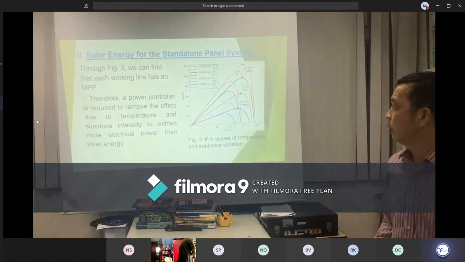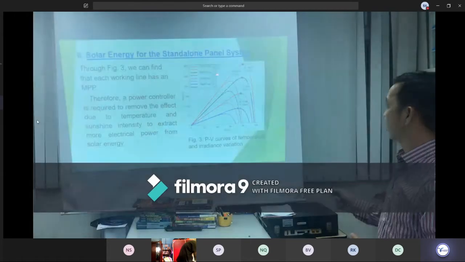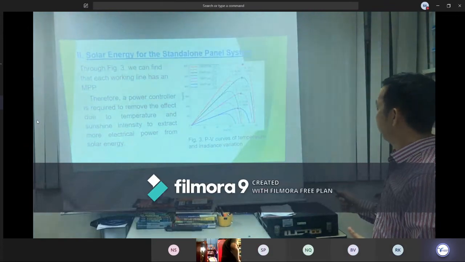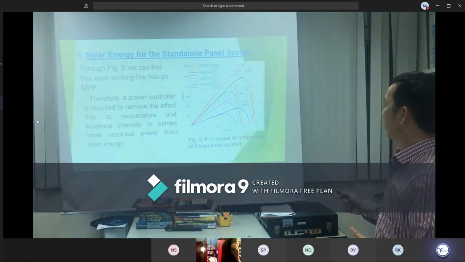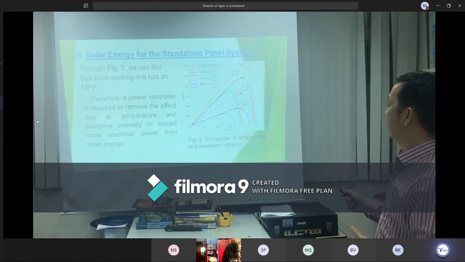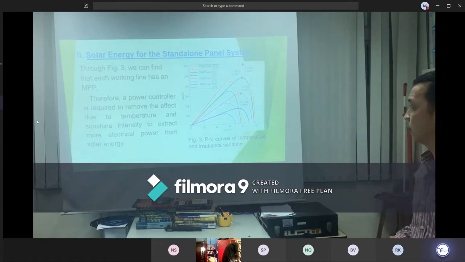We can see from figure 3 that when the temperature is fixed and the illuminance increases, we will get the power output increase.